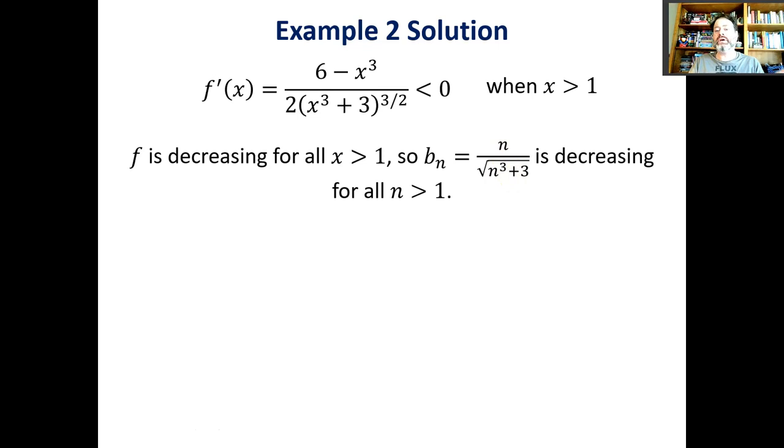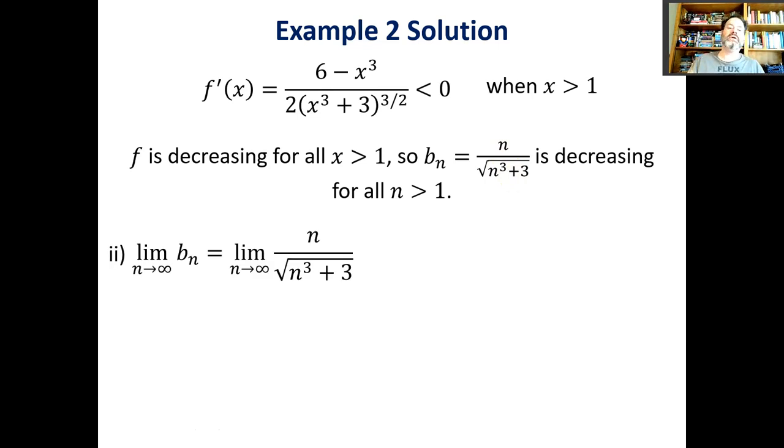All right, so we showed that the Bn's are decreasing. Now we have to show, step 2, that the limit of the Bn's is 0. I'm dividing by the highest power in the numerator. Don't forget, in the denominator we have a root, so you have to put your function in terms of the root, so it goes under the radical.